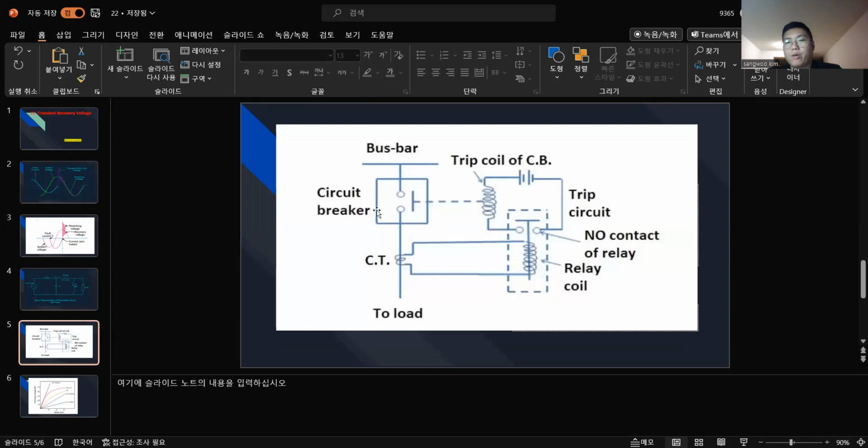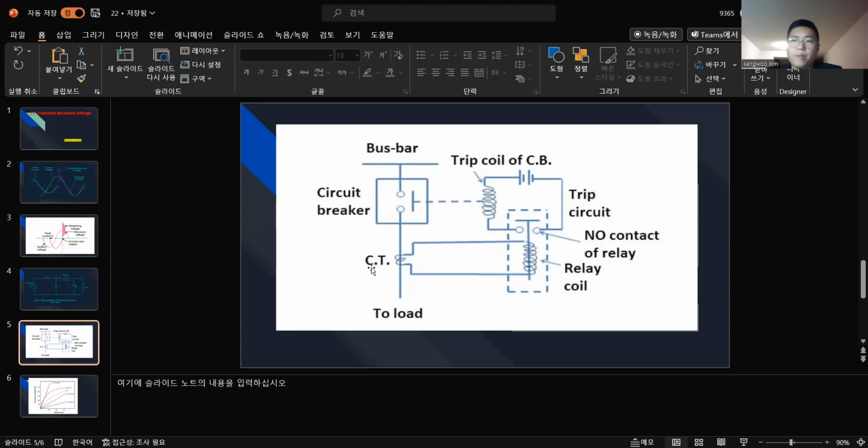And yeah, we will also learn about some of the operating time, like operation ordering. You know what I mean? How the mechanism of the CB works. So just a little bit of understanding, okay? So there's a bus bar and the circuit breaker. Here's the CT.